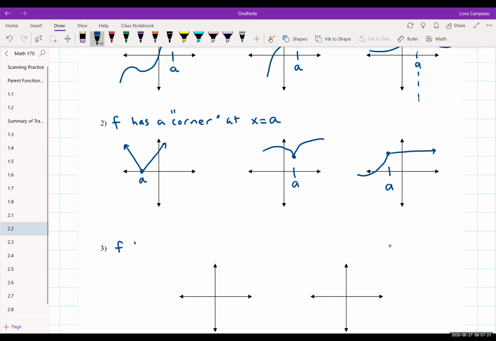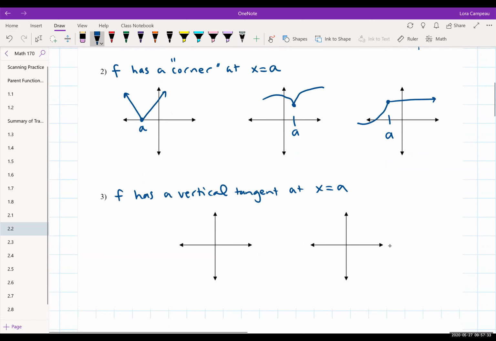So f has a vertical tangent at the point. At x equals a, if you were trying to calculate the derivative, you get something that's undefined: vertical tangent.